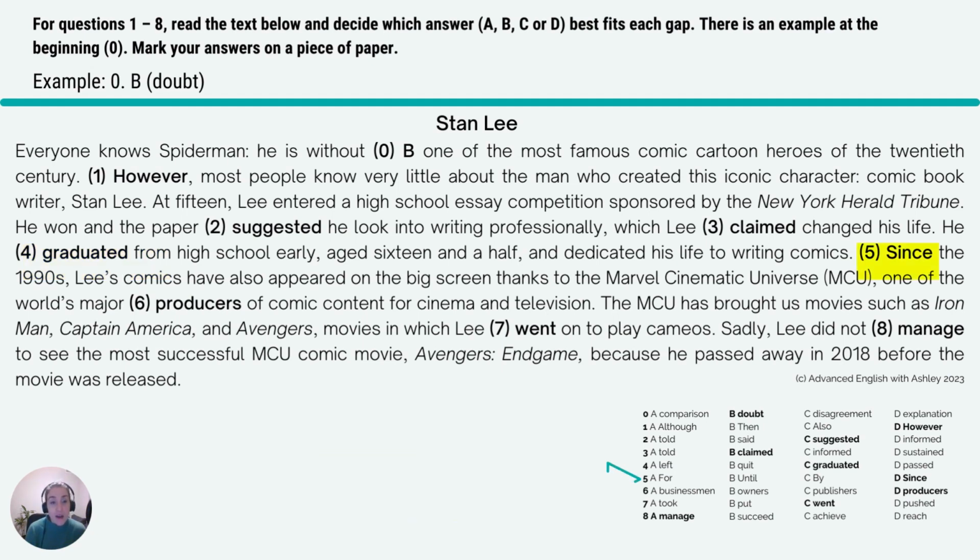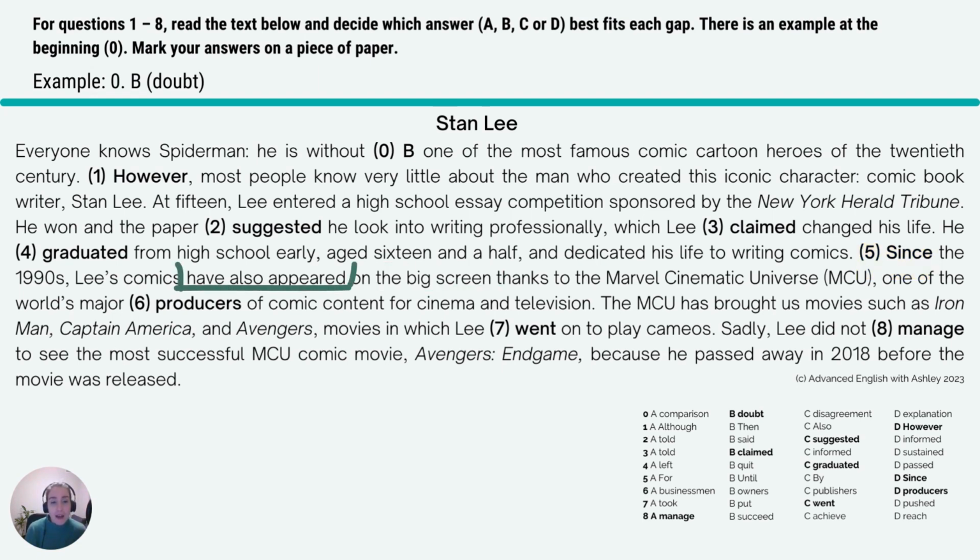Next, number five is all about verb tenses. So it says, Lee's comics have also appeared on the big screen. First of all, the big screen is a synonym for the cinema, the movies, because the screen is very big in that room.